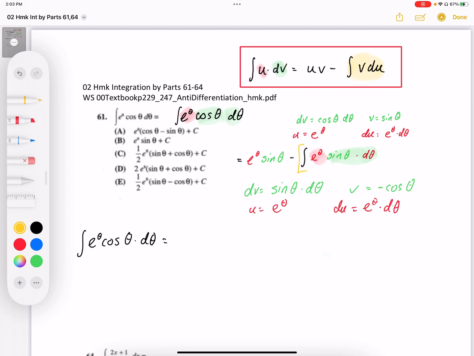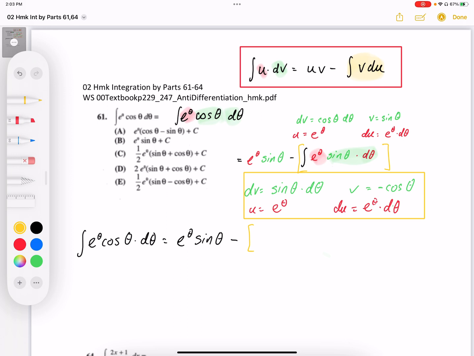This is the new integration by parts piece. My original part was e^θ sine θ minus, and this now represents the new integration by parts.